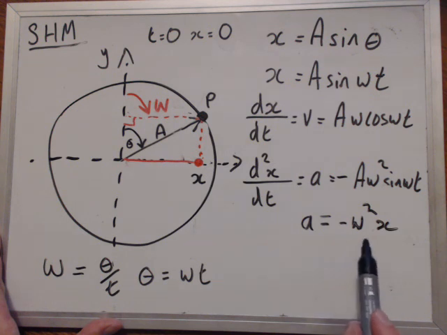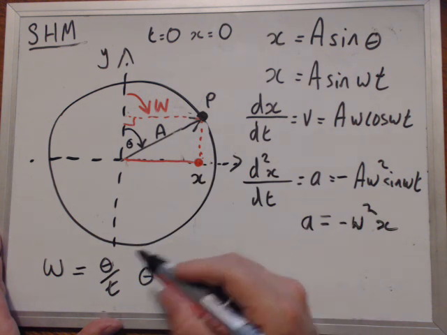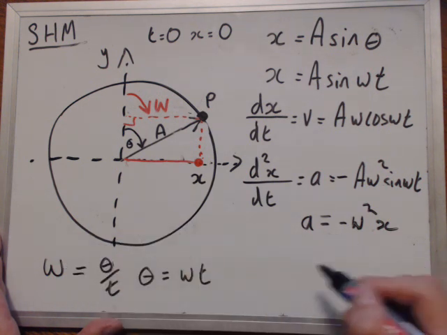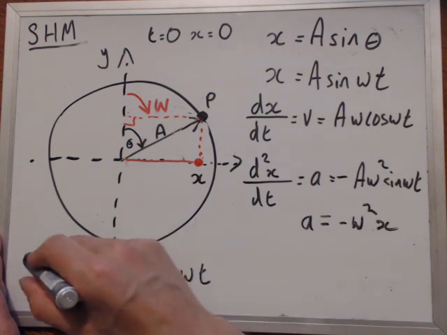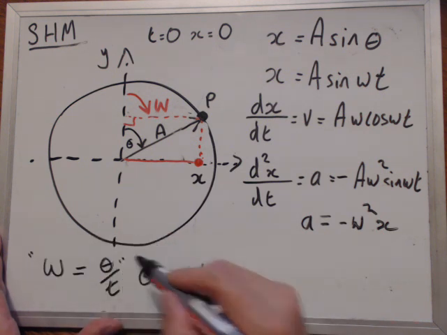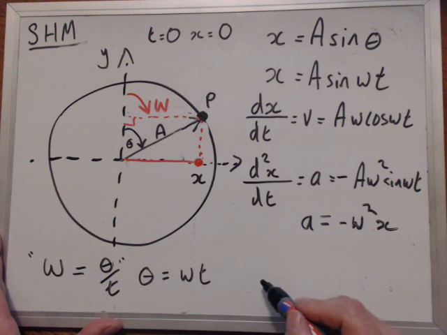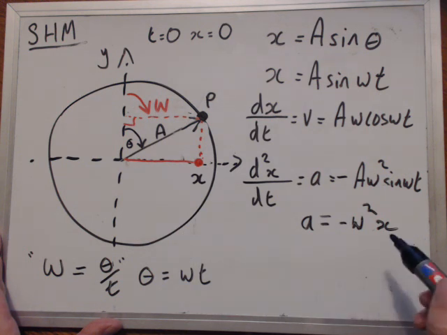So acceleration is equal to minus omega squared x, where omega is now called the angular frequency. It was angular velocity before, but now it's known as the angular frequency. So this is for circular motion, and it has transformed itself into something known as angular frequency, which we defined in the earlier lesson.